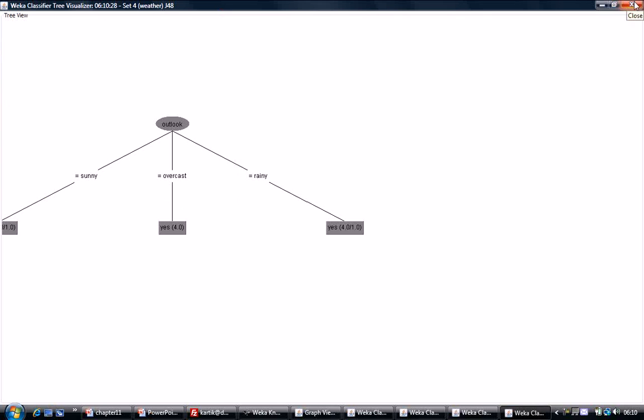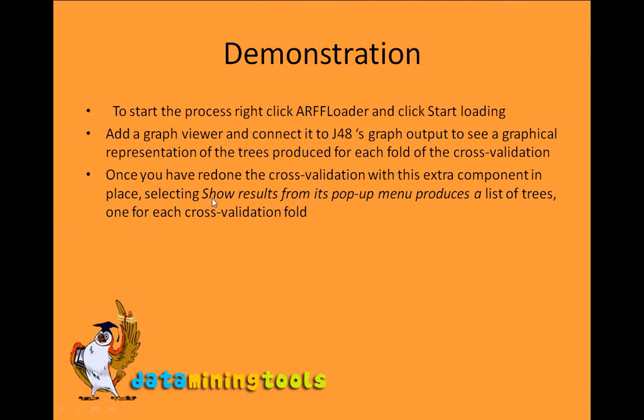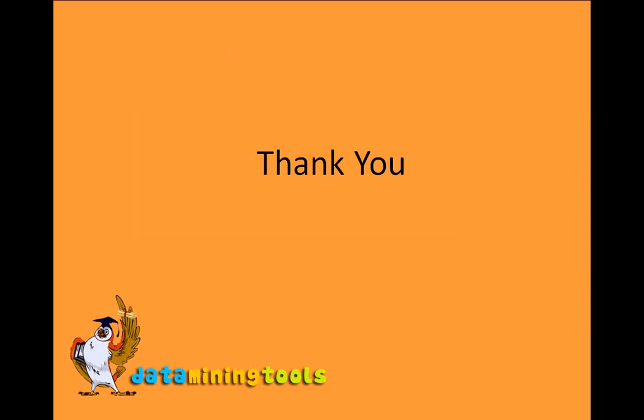These are the different trees built by the J48 algorithm. So this is how we work in our knowledge flow mode. This is our final configuration.